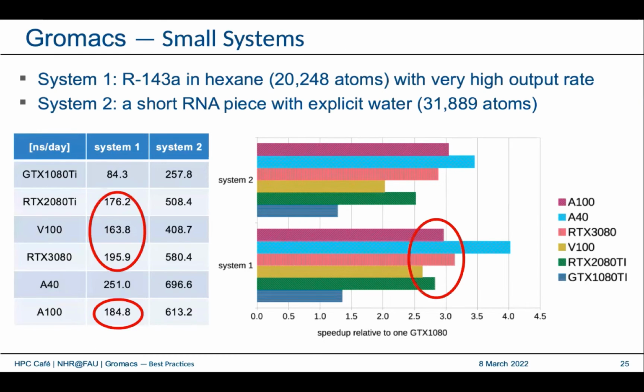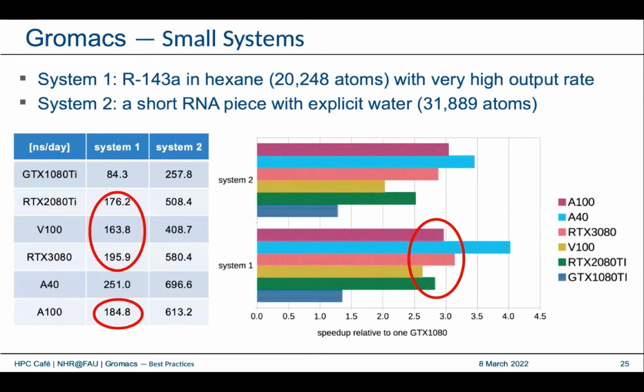When we compare the values for system 1 between the GPUs A100, V100, and the RTX GPUs, there is not really a difference. So in this case, you might want to use an older GPU because there is no gain in using the newest ones.